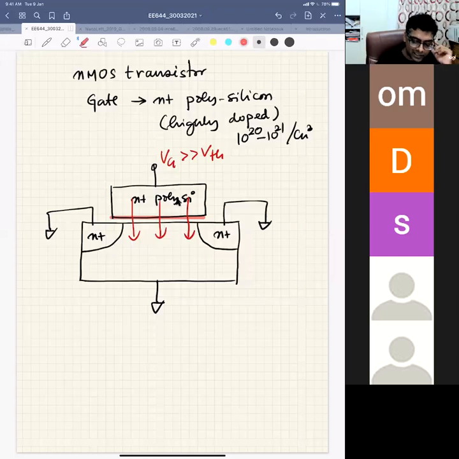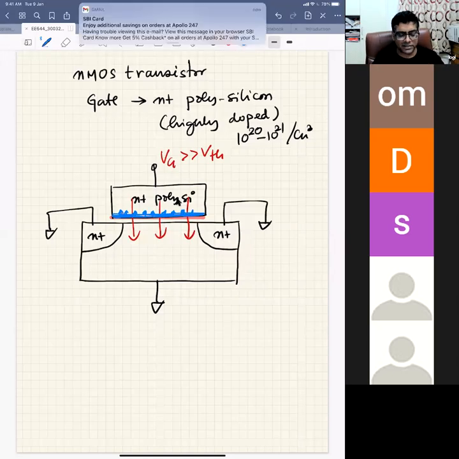The electrons at the surface will be repelled, so there will be a region which is depleted. And that depletion will only happen at very high gate voltage.